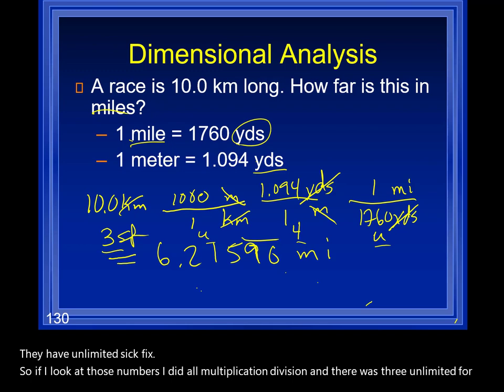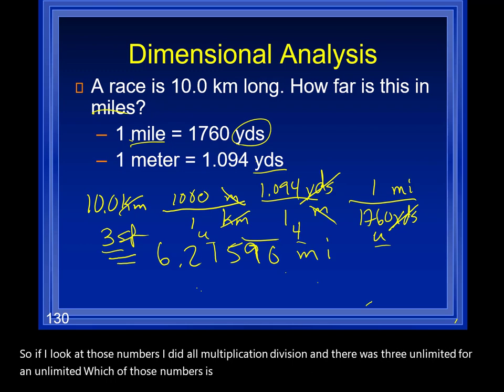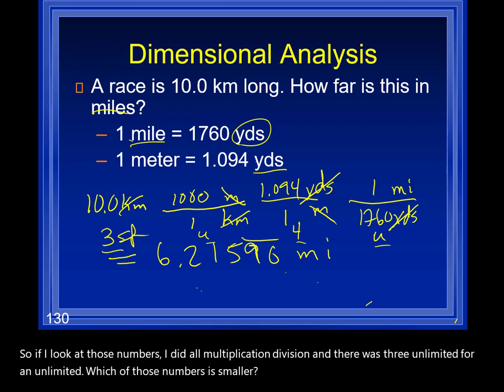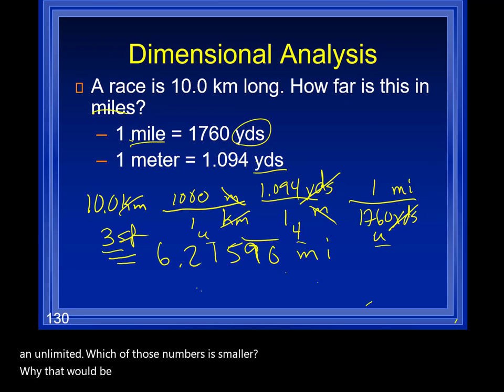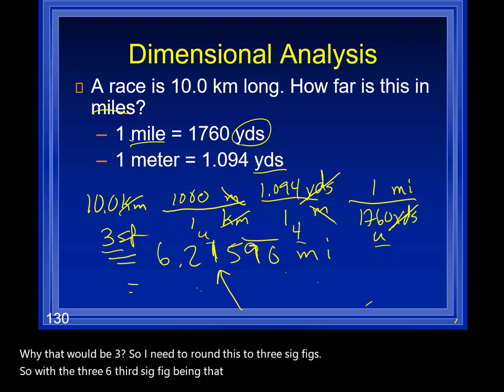Which of those numbers is smaller? Why, that would be 3. So I need to round this to 3 sig figs. So with the third sig fig being that 1, behind that 1 there's a 5, and I get 6.22 miles.